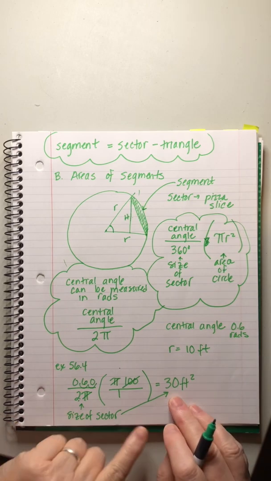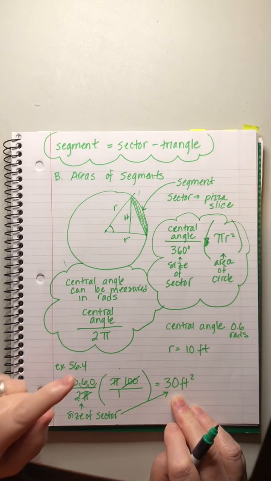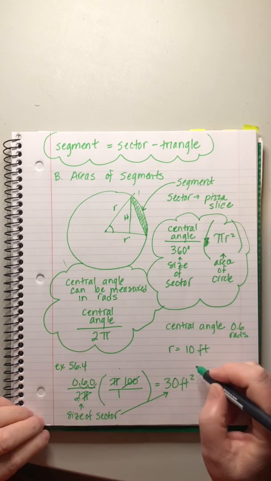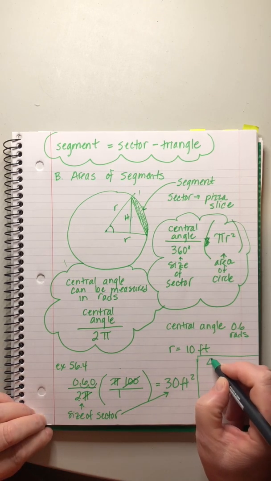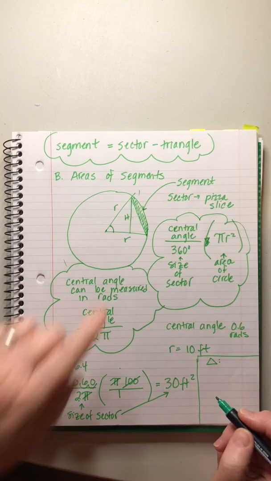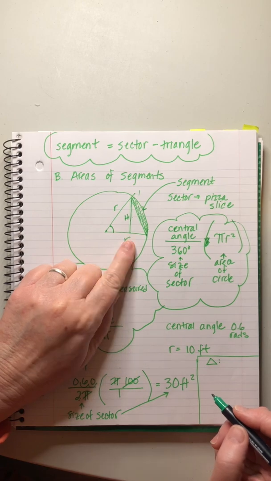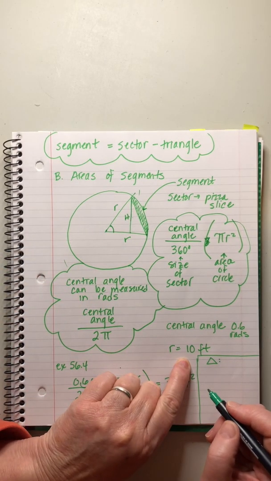Okay, so what we found out is that the whole pizza slice is 30 feet squared. Now we have to subtract out the triangle. So right here, I'm going to work on the triangle. The base of the triangle, we know, is 10, because it's the radius.